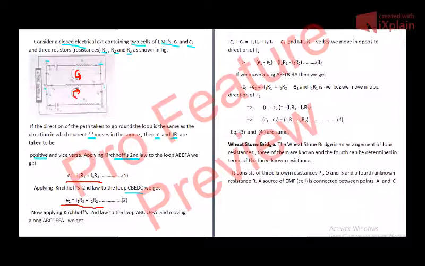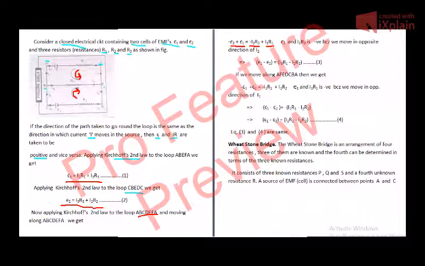Now apply Kirchhoff's second law to the bigger loop, combining the two loops A, B, C, D, E, F, A. Moving along A, B, C, D, E, F, A, we get minus E2, because here we go against the current, plus E1, because here we go in the direction of the current, equal to minus I2 R2, because here we again go in the opposite direction of current, plus I1 R1, because here we follow the current.